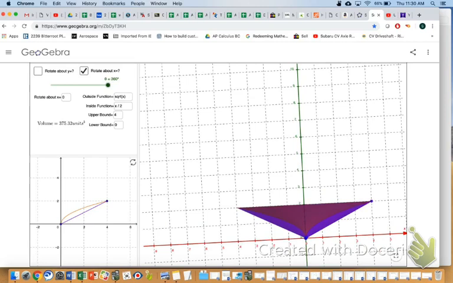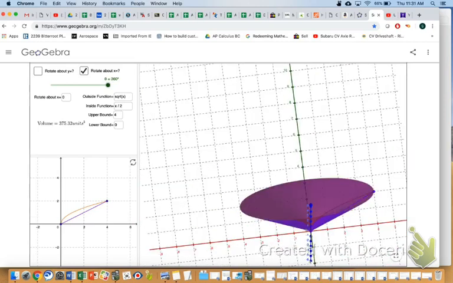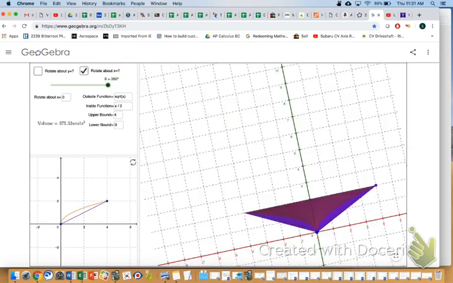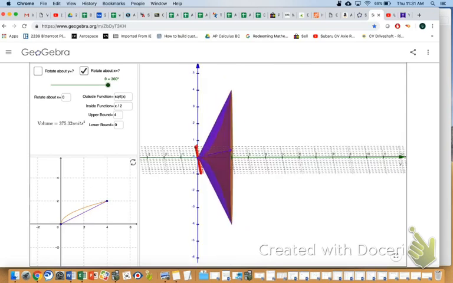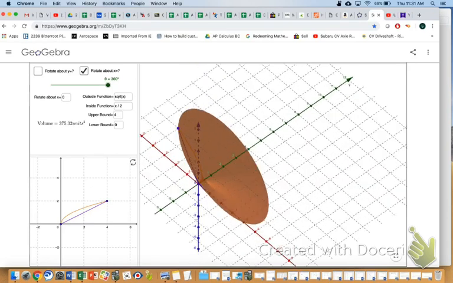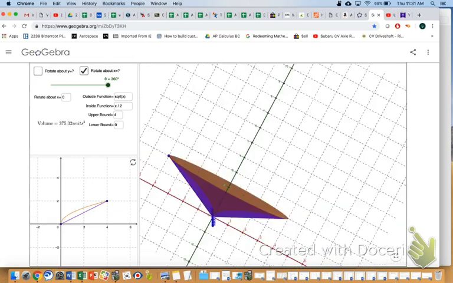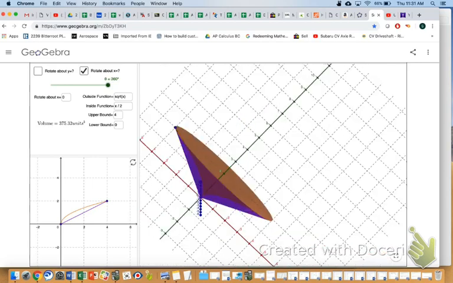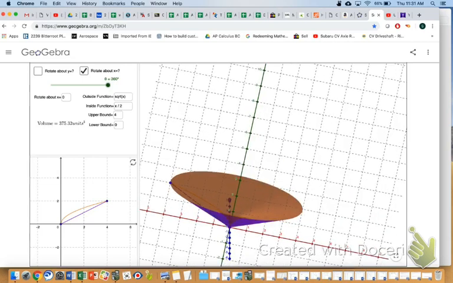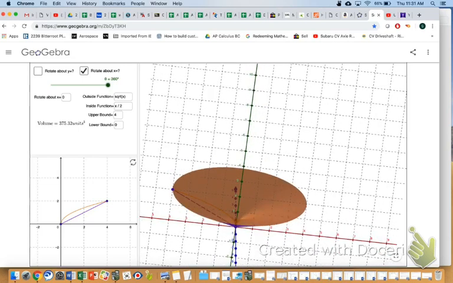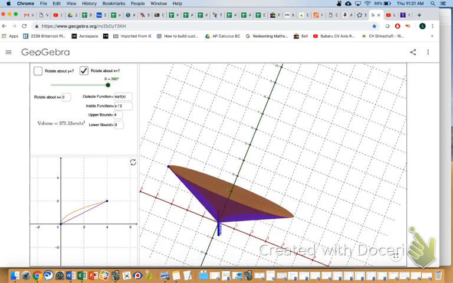There we go. Does that work? How about that? I kind of have it rotated sideways. What do you guys think? Is that about what you're coming up with? Can I cut it? Yep.